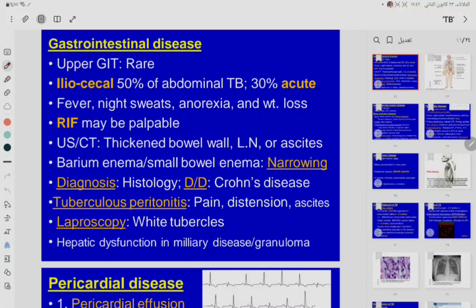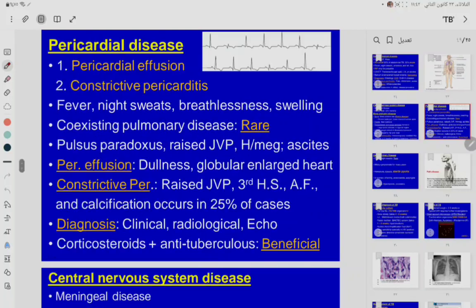Pericardial effusion, constrictive pericarditis. The same, usually the general malaise, the B symptoms, we see that. We have pulsus paradoxus, raised JVP, and in constrictive pericarditis, how do we diagnose it, apart from it being TB, what's the cause of the constriction? Sometimes when they do the echocardiogram first, you look for thickening, and the CT, and the most helpful usually is right-sided heart cath, where there is an equalization of the chamber pressures.